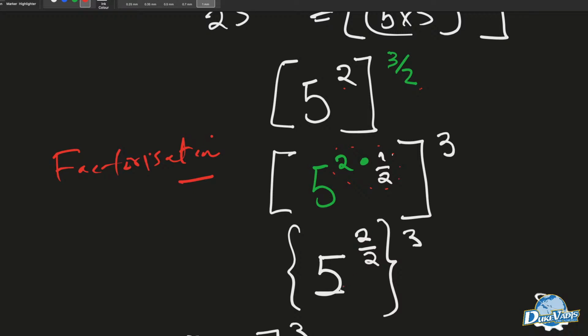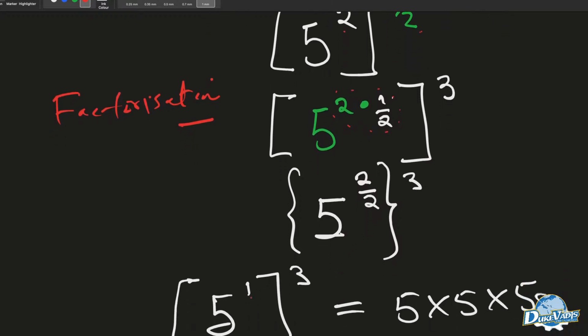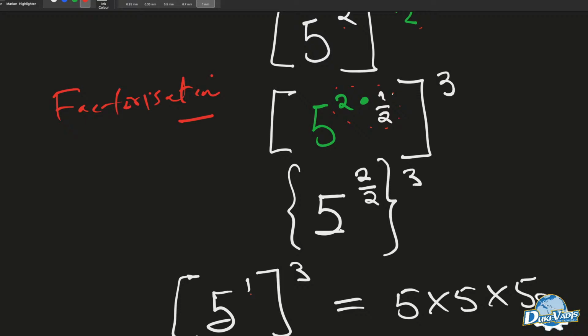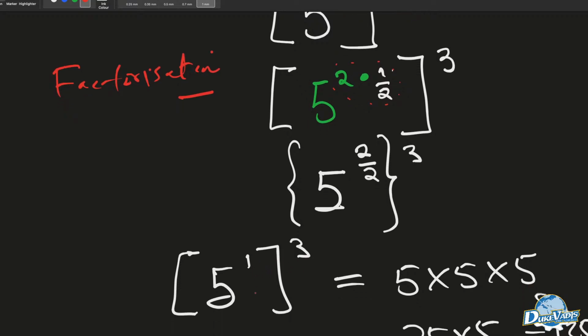And the 2 over 2 gives us 5 raised to the power 1. When we multiply this by that, we get 5 raised to the power 3, because 1 multiplying by 3. And 5 raised to the power 3 is 5 times 5 times 5.